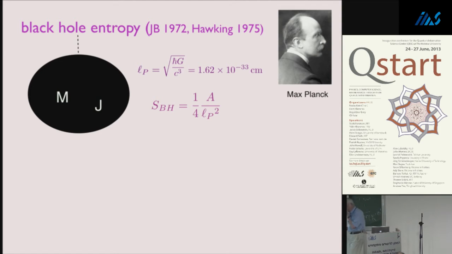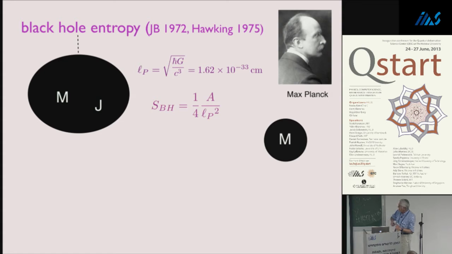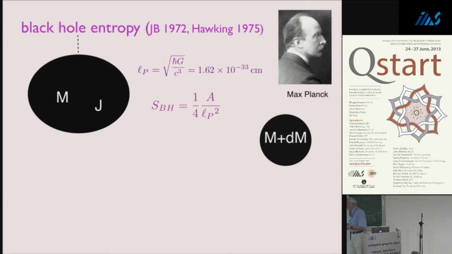Why is it an entropy? Because it enters the second law in exactly the same way that other entropies enter, and I would like to give you a couple of examples. Let's start with the Schwarzschild black hole, and from now on I only use spherical black holes with no angular momentum. Now, suppose that into this black hole you drop an object, which carries some entropy into the black hole, and of course increases the mass of the black hole.